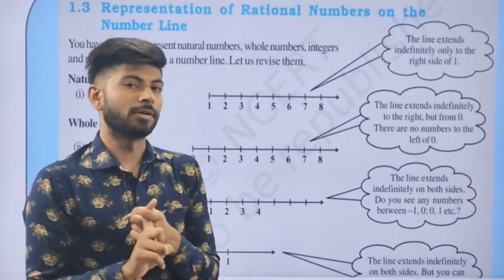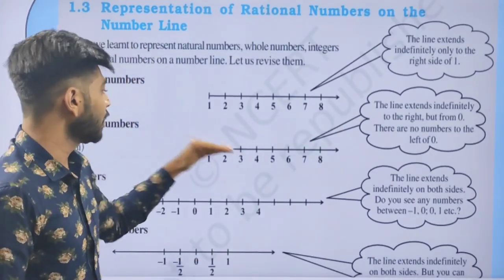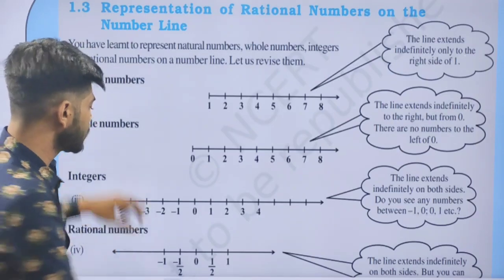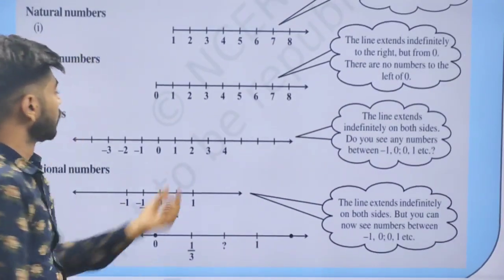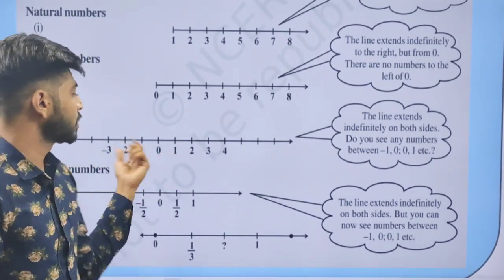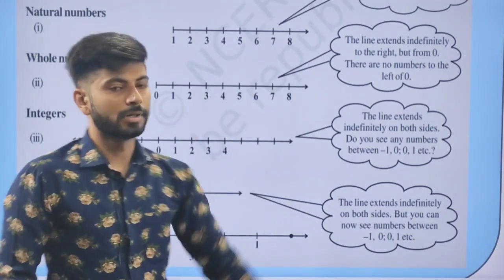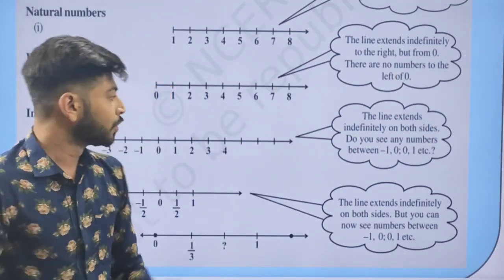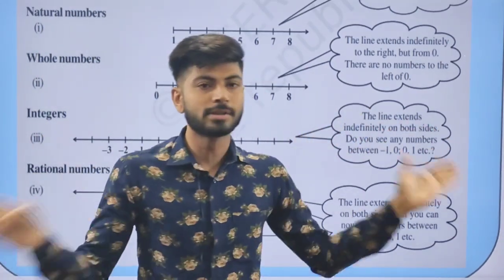But in integers, we put the numbers on the left side of the 0 and they are negative numbers, you can see. The number line is here for integers. The negative numbers are on the left side of 0 while the positive numbers are on the right side of the 0. So the line extends indefinitely on both sides.